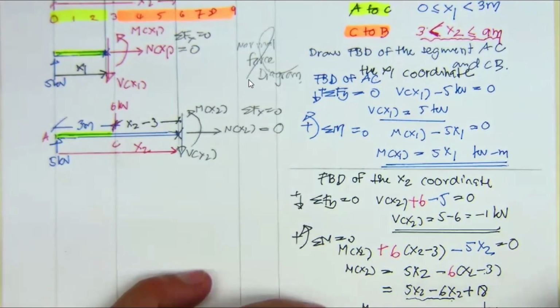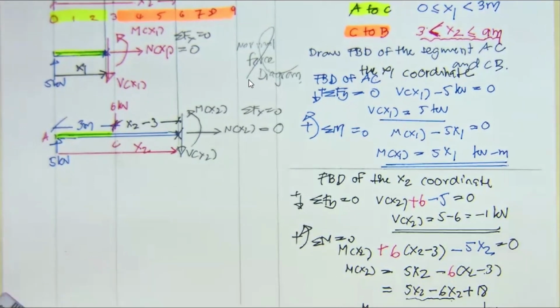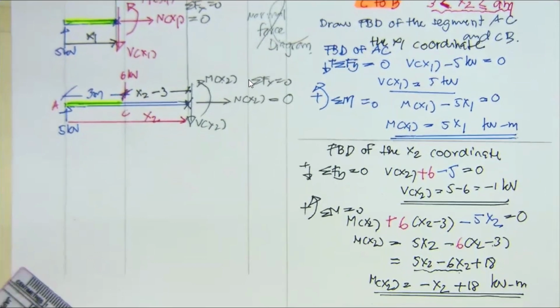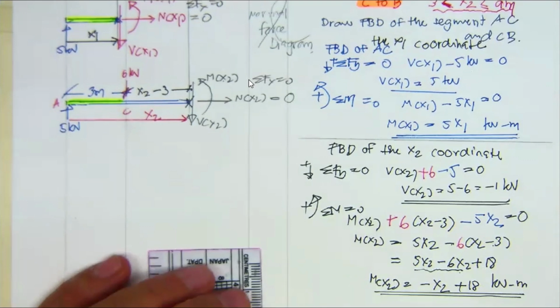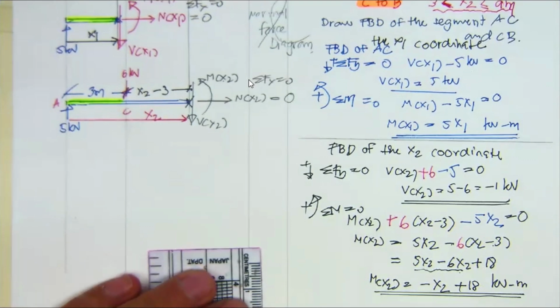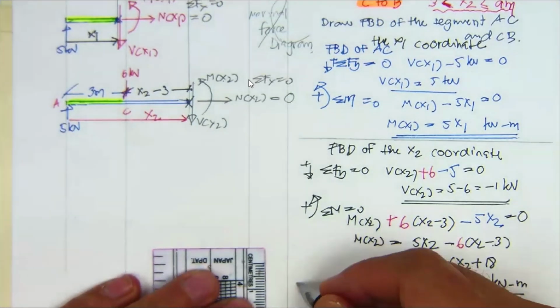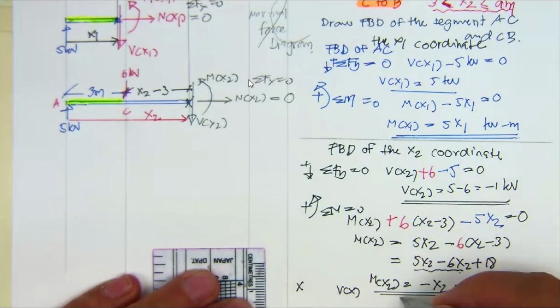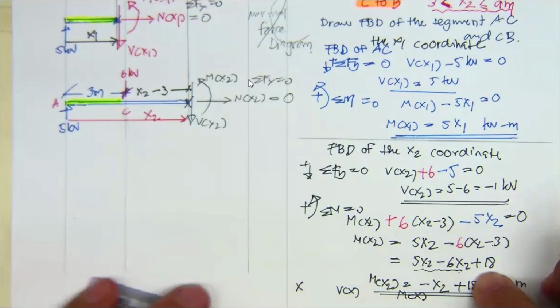Now you got the equation. You got to do what? You got to draw the table. That's going to be x, and then you have V sub x and then M sub x.